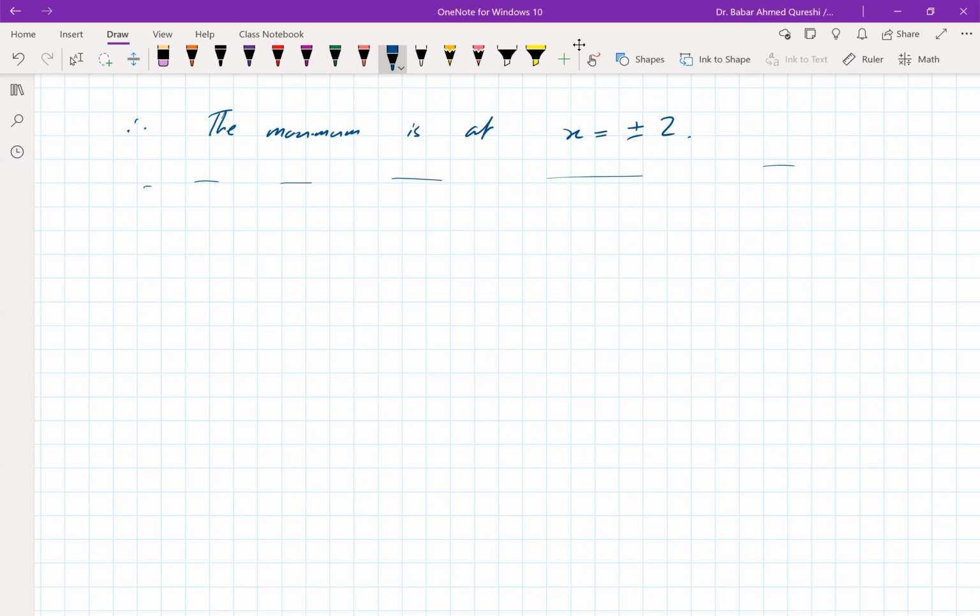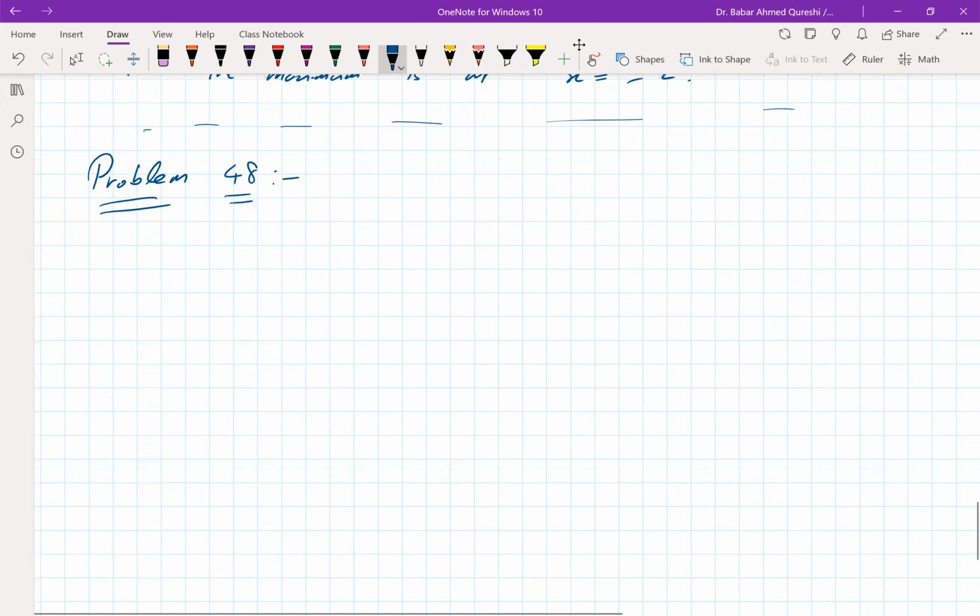So problem 48. So there is a circular lake of radius 2 miles.